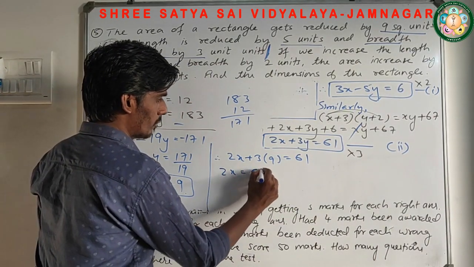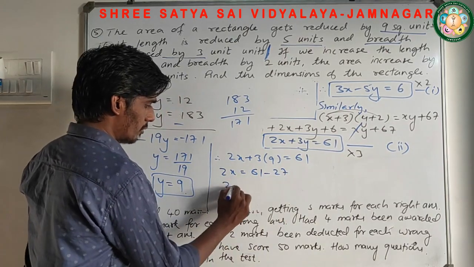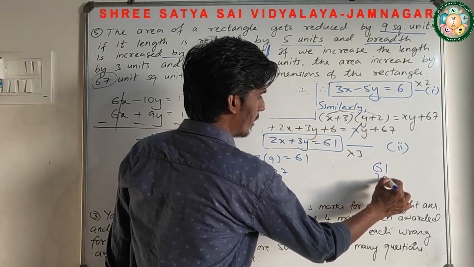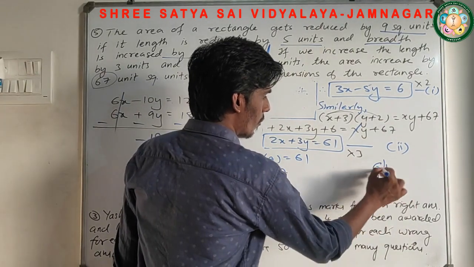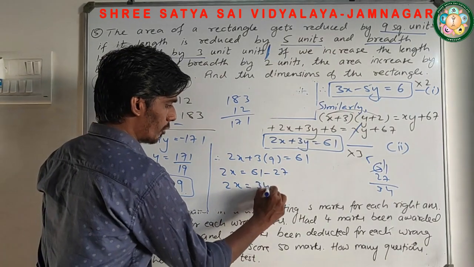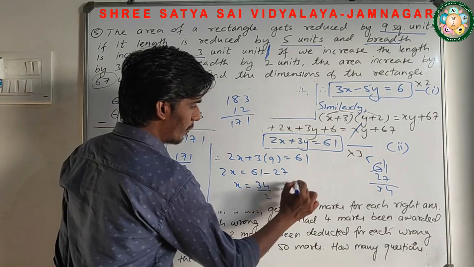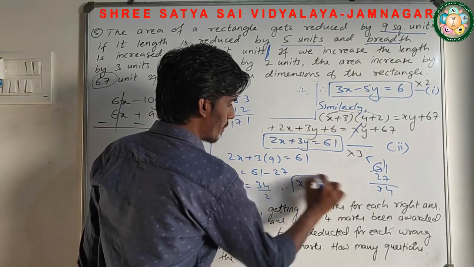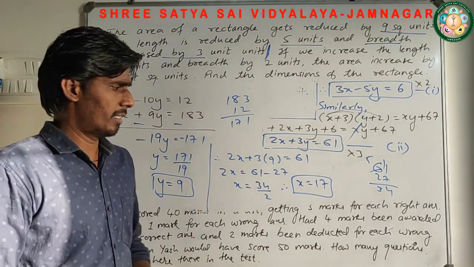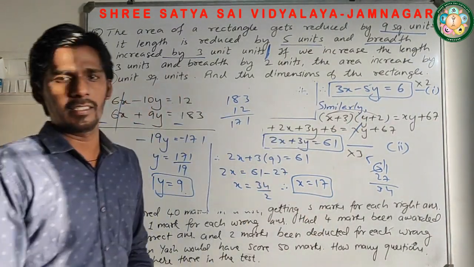So 2x equals 61 minus 27, which is 34. If I take this 2 to the denominator, divide. Therefore x equals 17. So length is 17 and breadth is 9. So these are the dimensions of the rectangle.